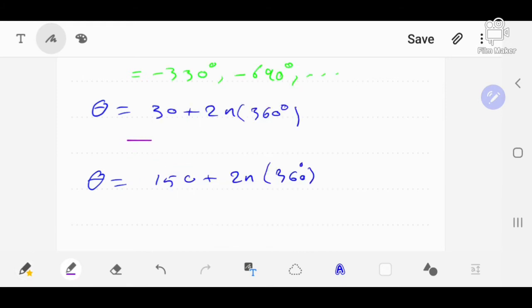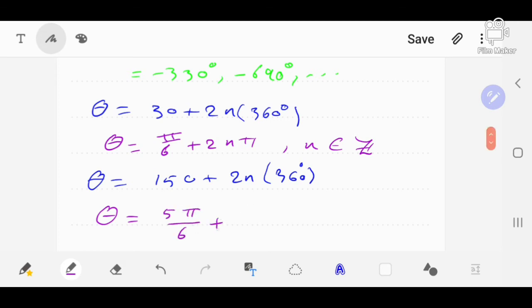So my solution will be, the first solution, theta equals pi over 6 plus 2n pi, where n belongs to integers. And the second solution, theta will be equal to 150, which is pi over 6 times 5, so 5 pi over 6 plus 2n pi, also where n belongs to integers.